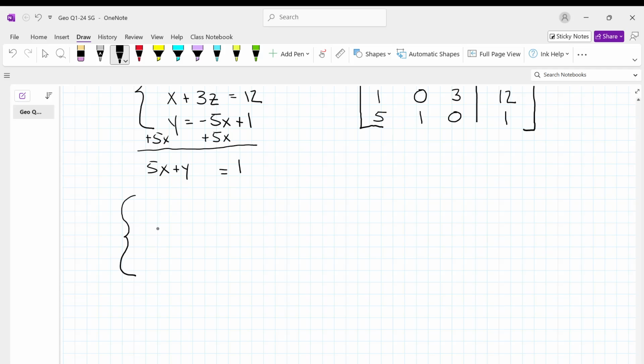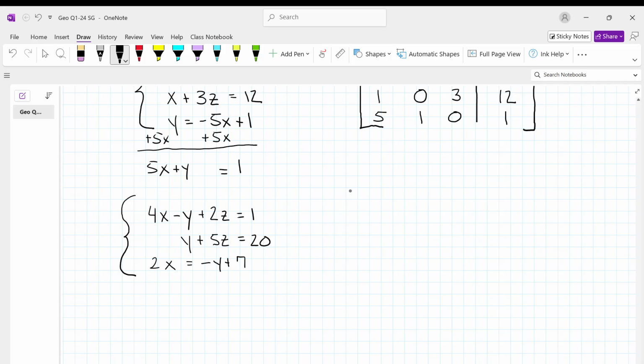So let's take this system: 4x minus y plus 2z equals 1, y plus 5z equals 20, and 2x equals negative y plus 7.